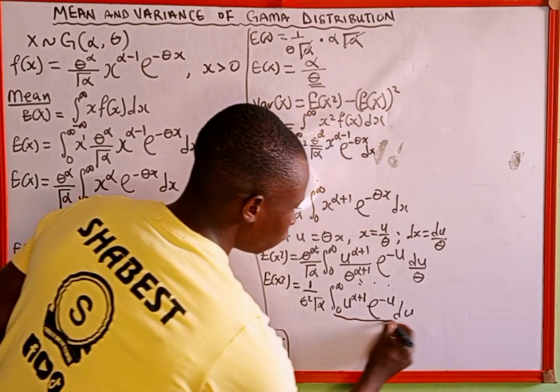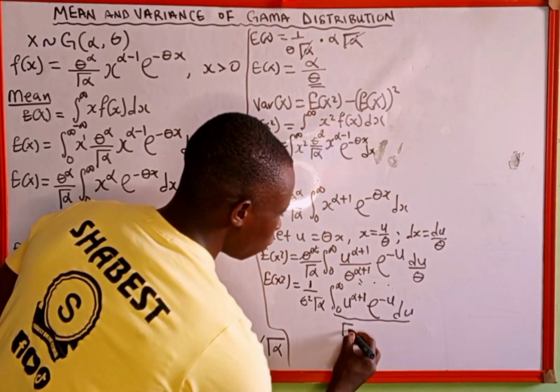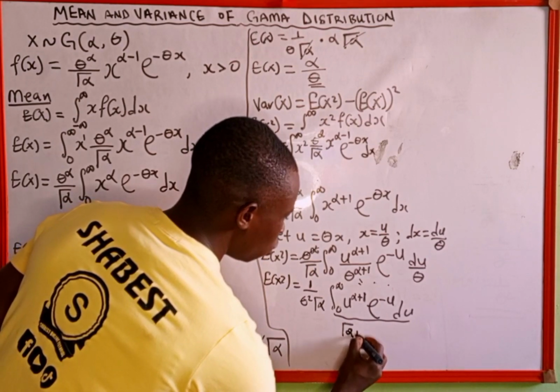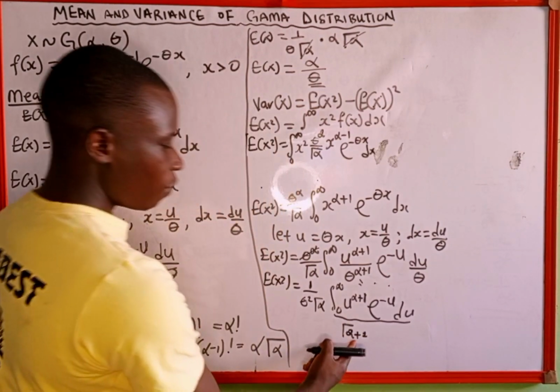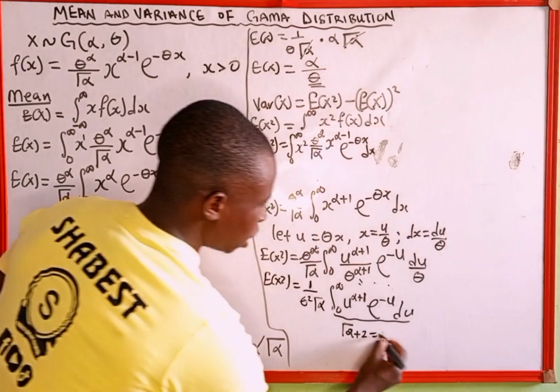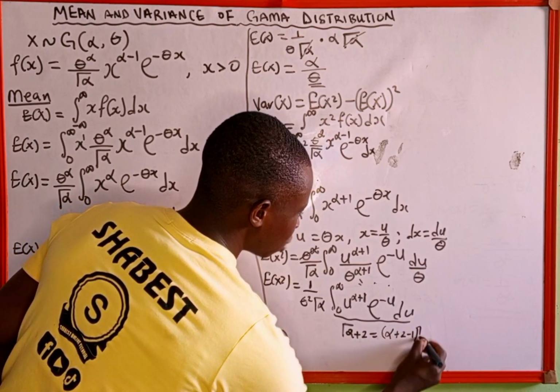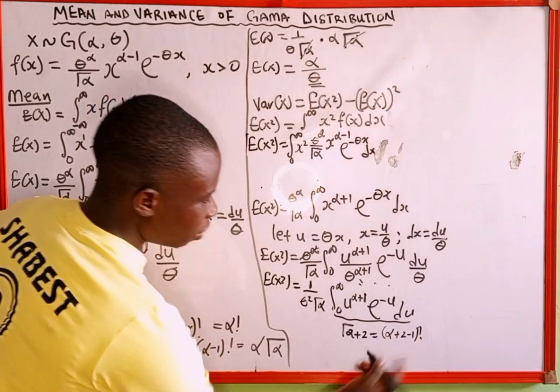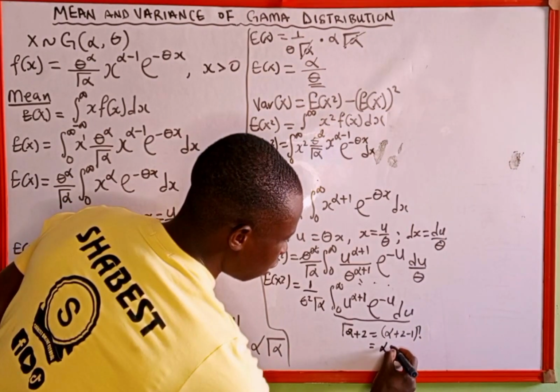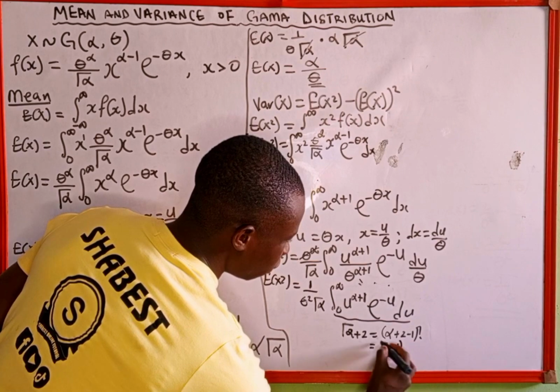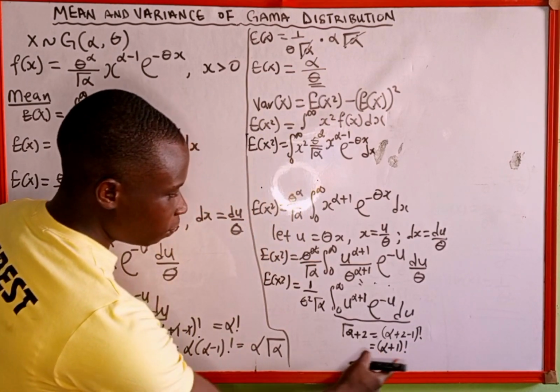And the whole of this is the same as gamma of alpha plus 2. And gamma of alpha plus 2 is the same as alpha plus 2 minus 1 factorial. And alpha plus 2 minus 1 factorial is the same as alpha plus 1 factorial.